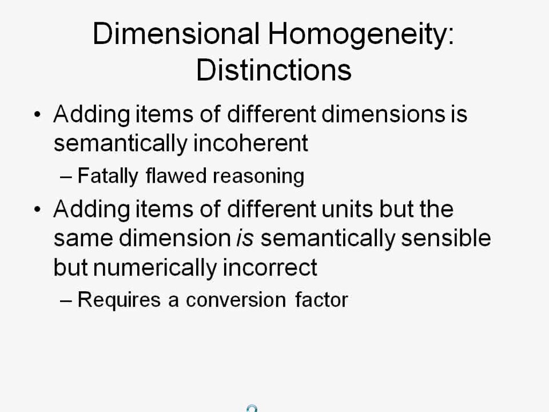If you are adding area to length, say I have 1 square foot and I want to add it to something that's a meter, or that's a foot in length, that just makes no sense. Adding time to weight, or adding viscosity to loudness or something like that.